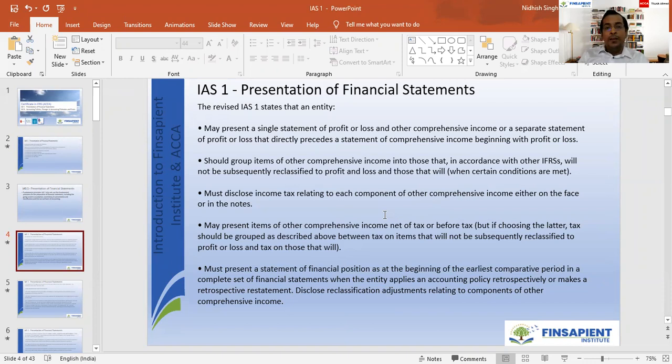Because income tax has a higher credit requirement. Like in case of liquidation or bankruptcy, who should have a higher claim on the cash of the organization or the company? Income tax before anyone else, right? So it is an important number to highlight in P&L or in the notes.